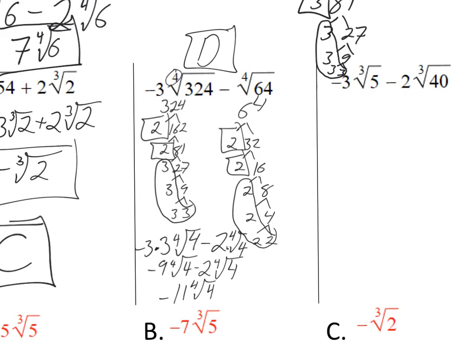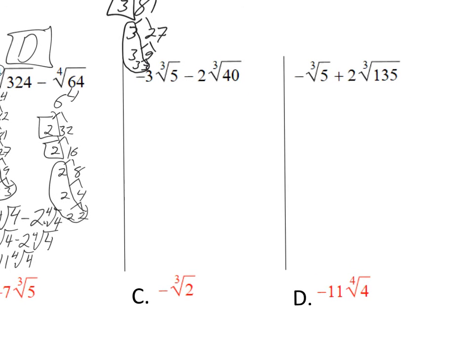Okay, so for the next one, looking at this, I want to split up this 40, so I have 2 and 20, 2 and 10, 2 and 5. I want a cube root, so 1, 2, 3, and then that 5 over there. And then 5 I can't split up because 5 is just 1 and 5.